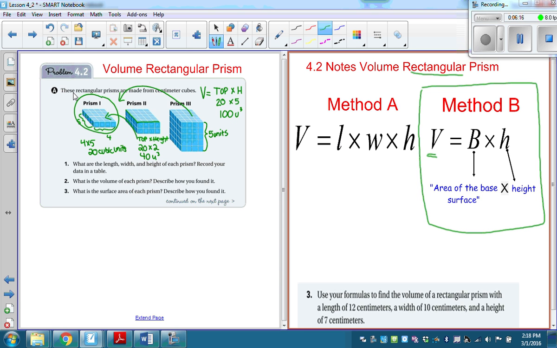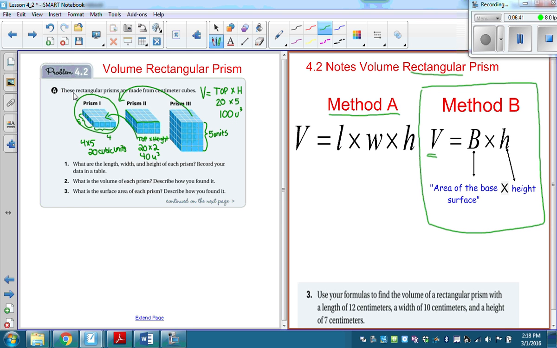So you just figure out the area of one level and multiply by how many levels there are. Isn't that only triangle area though? That's for any prism, but we're looking at rectangular prisms. Because if you can figure out the area of one level, then you can figure out the volume of all of it. This method works just for rectangular prisms.